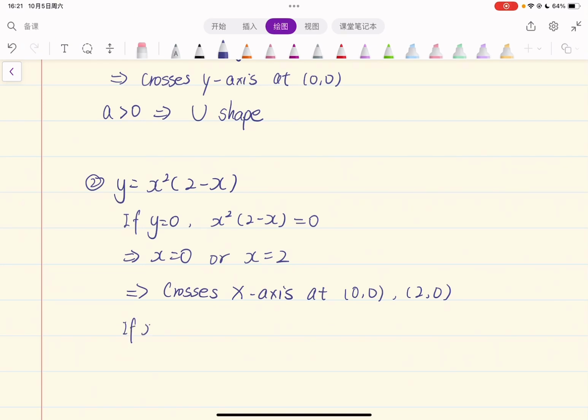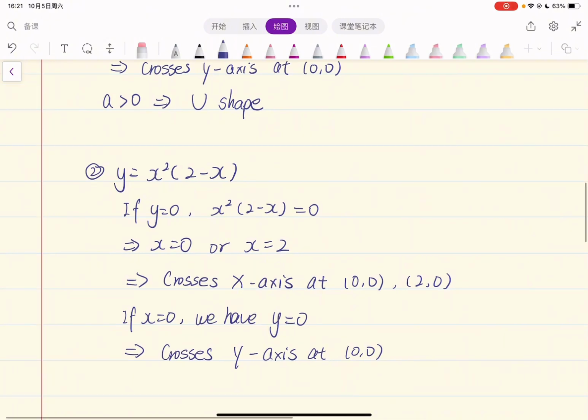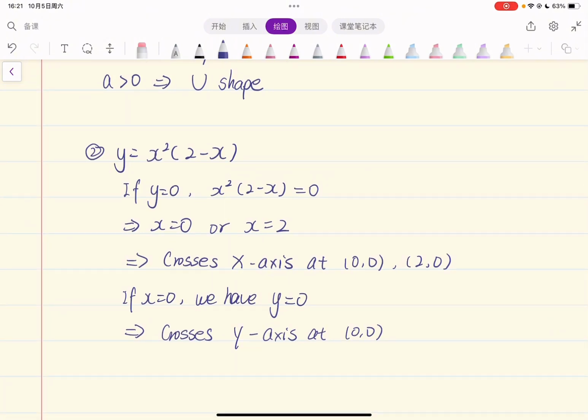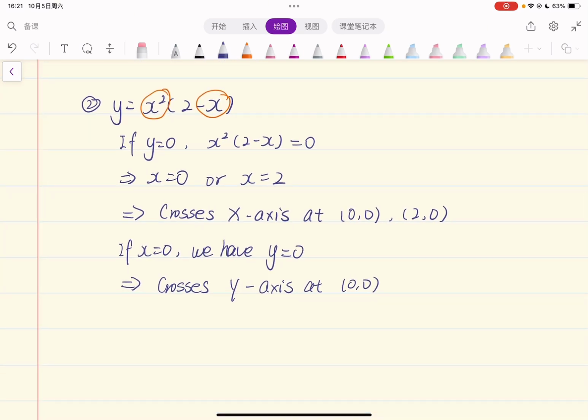Now, if x equals 0, we have y equals 0, which means the curve crosses the y-axis at (0, 0). And you can see from this function, this is a cubic function, and you need to see the coefficient of x cubed. Here, we have x squared times minus x, which means the coefficient of x cubed is negative. So a is less than 0, which means you have a shape that looks like that.